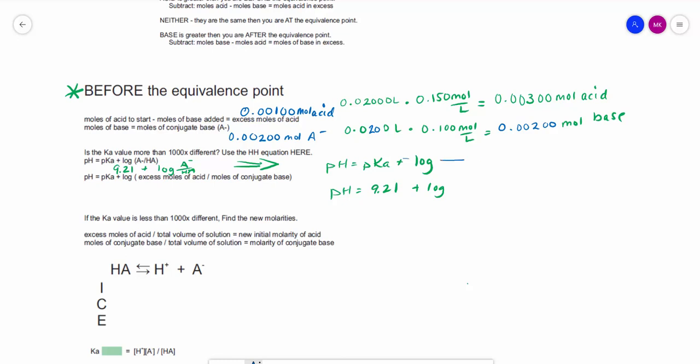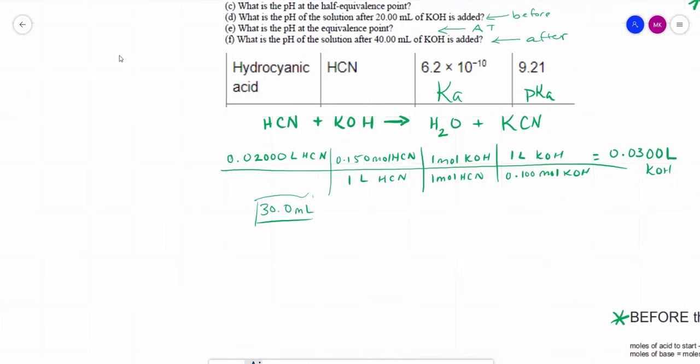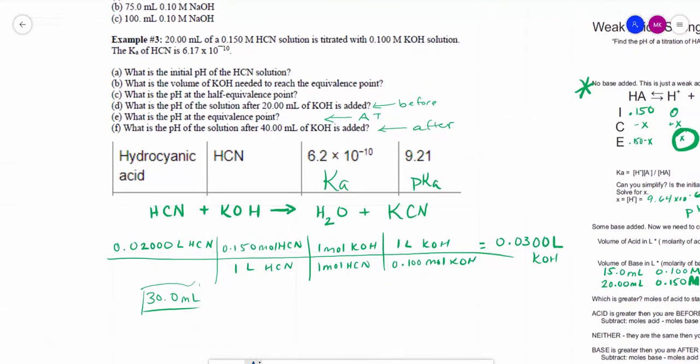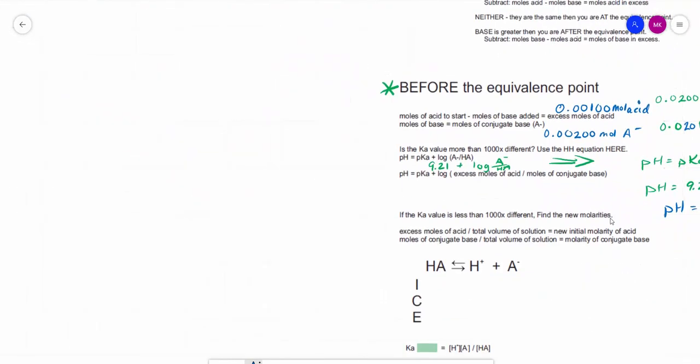So using the Henderson-Hasselbalch equation, the A minus over the HA, I have my pKa of 9.21, plus log of this ratio, which is 2, and I get a new pH of 9.51 when I have 20 milliliters. So you see, 5 measly little milliliters, and it changed my pH quite a bit. So what is the pH at the equivalence point?